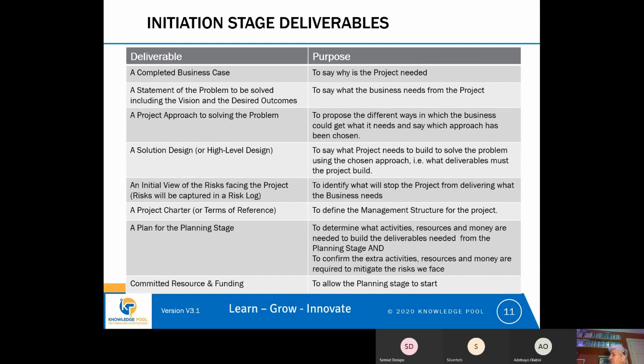Because if they can't make the decision, it will have to go higher up within the organisation. So the project charter is a common deliverable within the initiation stage.